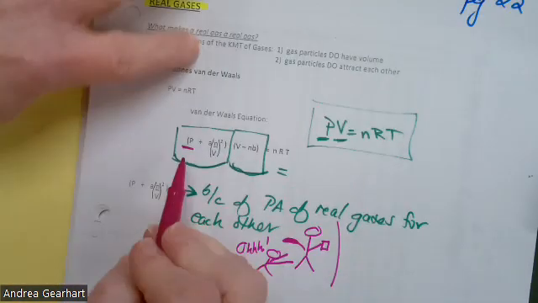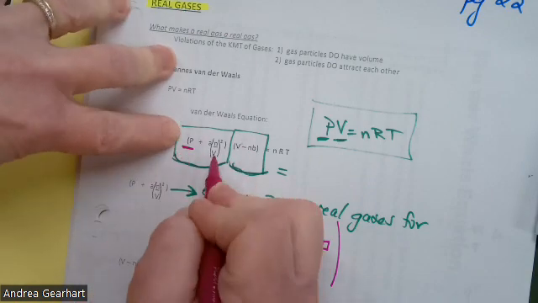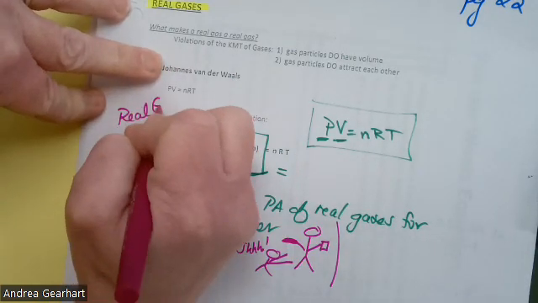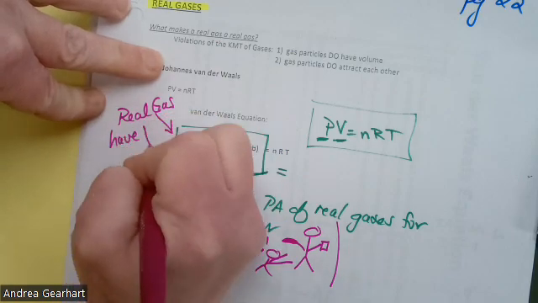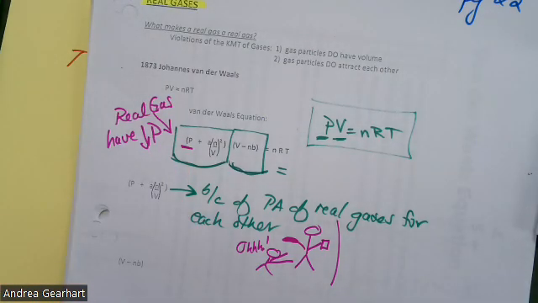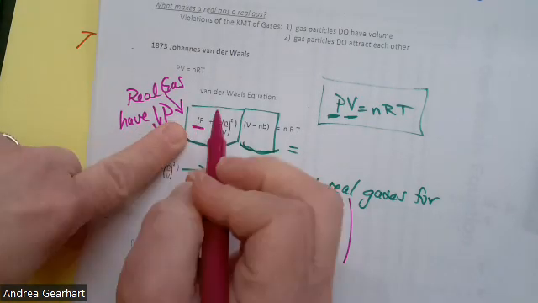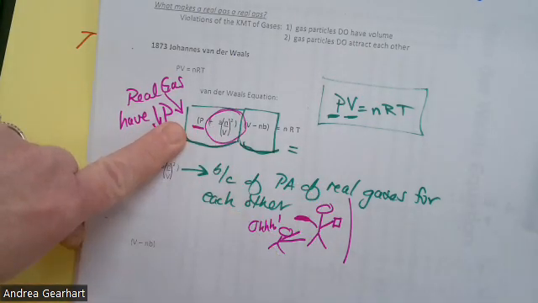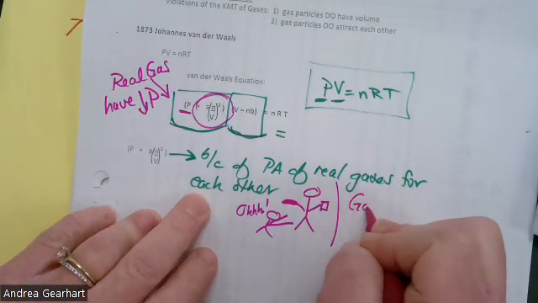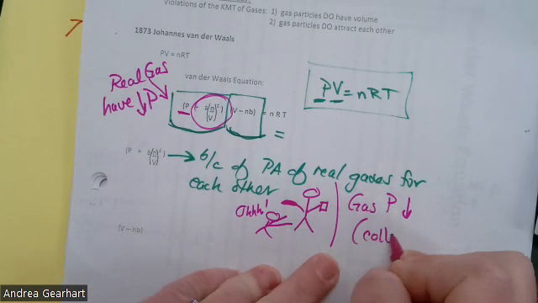So the pressure that we calculate, because real gases have a lower pressure if we use the ideal gas law, because this is what we would measure, to be ideal we need to add this term. Because of the particle attraction, the gas pressure is lowered when it collides with the walls of the container.